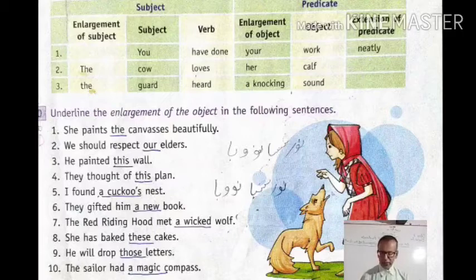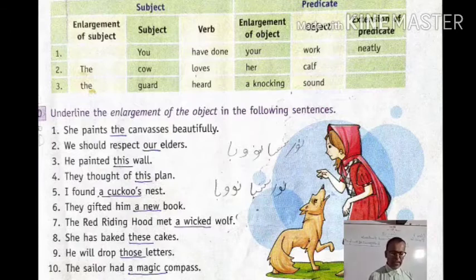So children, what I mean to say is that enlargement of subject will come before the subject, enlargement of object will come before the object, and extension of predicate will come after the object.